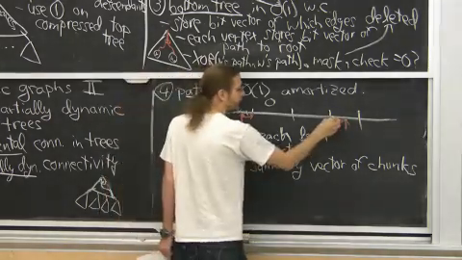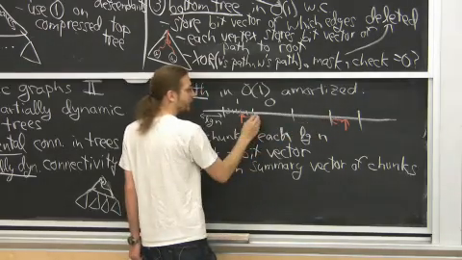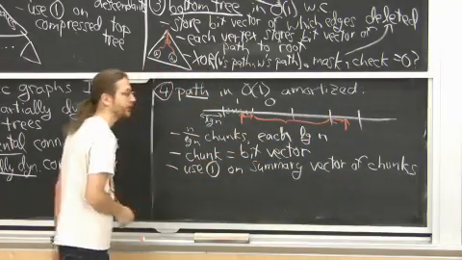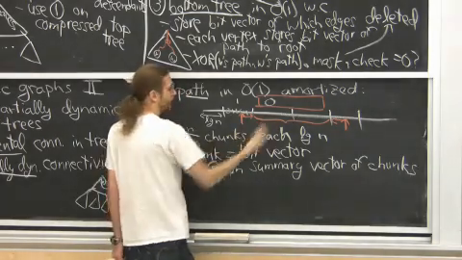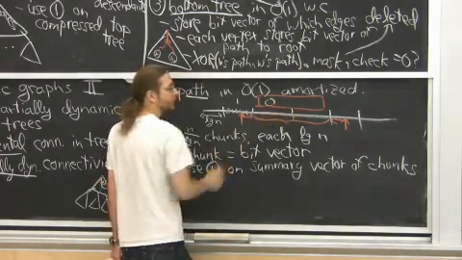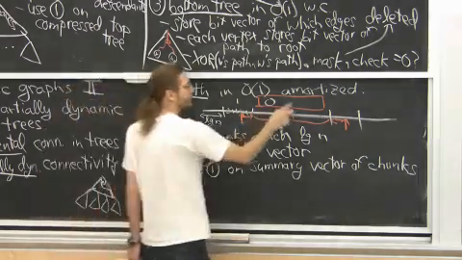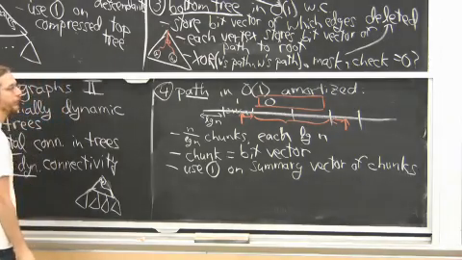I want to know, can I get to the left from here? Again, it's a mask and a check against 0. And then I want to know, can I go over this interval of chunks? And that I can use the summary vector for. And again, that is a mask of a subinterval, and then checking whether I have 0. So I take the AND of these 3 results, and I'm done. That gives me a query over a path.